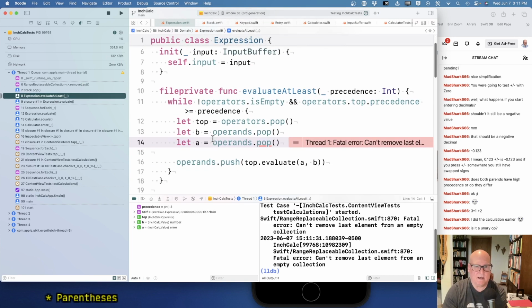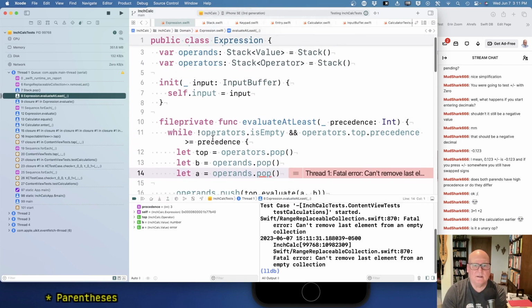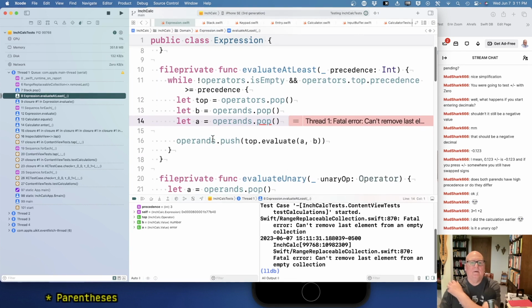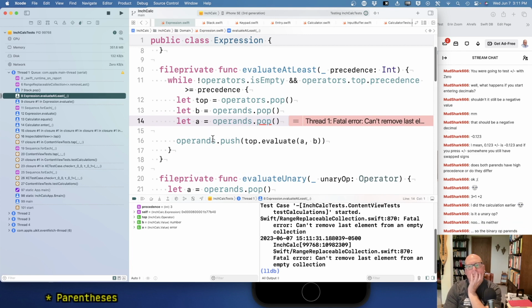Okay, yeah. Okay, why is that? Yeah, is that what it's doing? It's popping the binary paren.